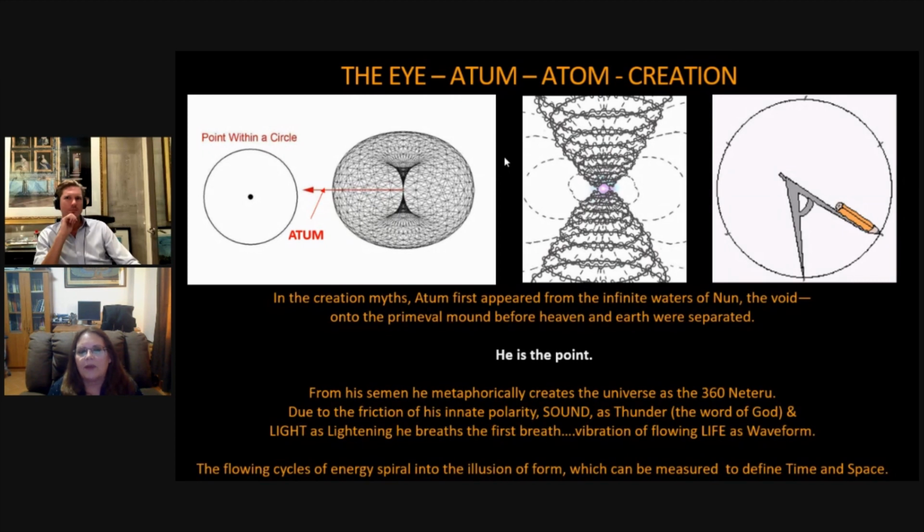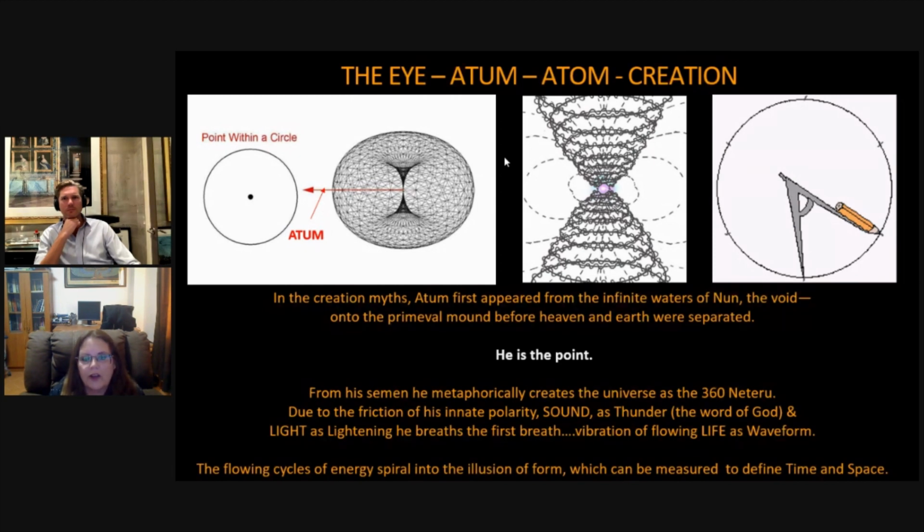In the creation myths, Atum first appeared from the infinite waters of Nun, the void, onto the primeval mound before heaven and earth were separated. He is the point. From his semen, he metaphorically creates the universe as the 360 of Neteru.